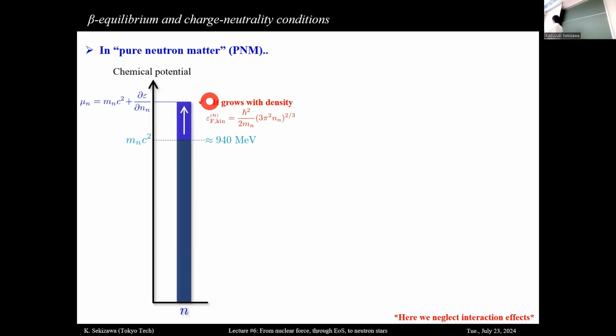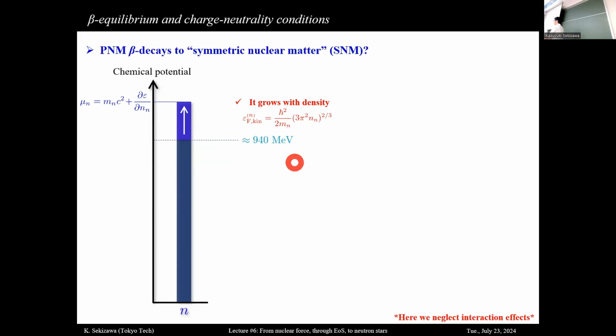But similar to the beta decay in finite nuclei, you may imagine that the neutrons may decay through beta minus decay to form protons to make the Fermi energies similar. So now we consider symmetric nuclear matter, nuclear matter with the same number of neutrons and protons.